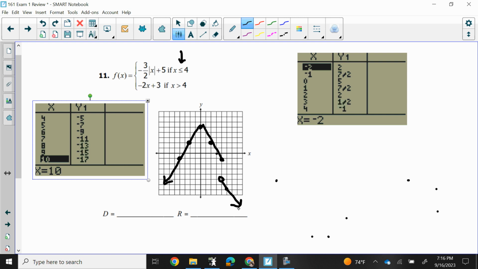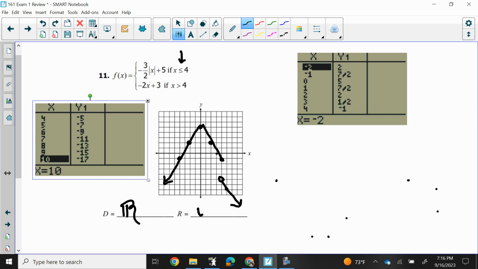So in essence, this graph is defined through all real numbers, right? Because it's still defined through here. Even though here it's not defined, it's still defined here, and then it keeps going. So my domain is going to be all real numbers. Now my range is defined everywhere from this point down.